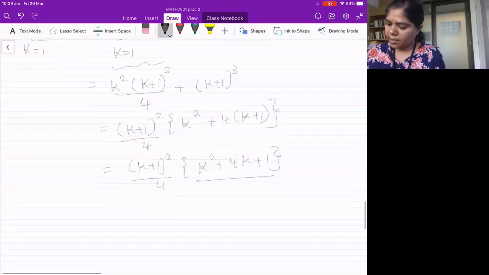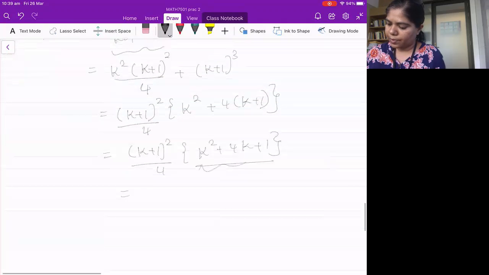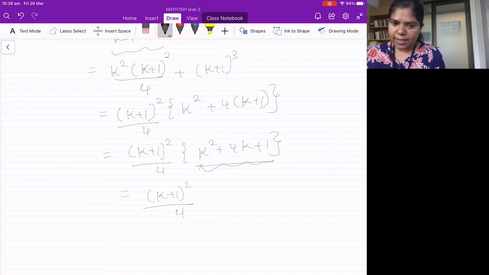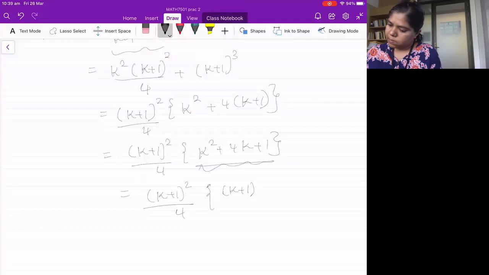Factorizing this part should give you k plus 1 squared over 4 times k squared plus 4k plus 4, plus 1.